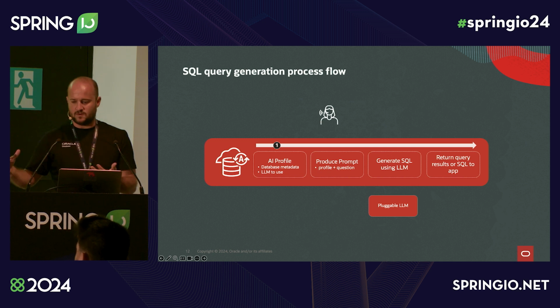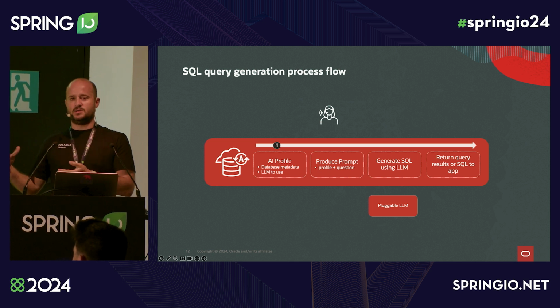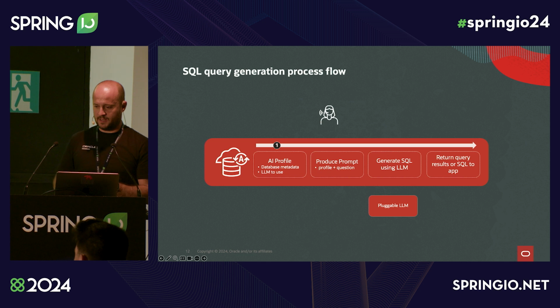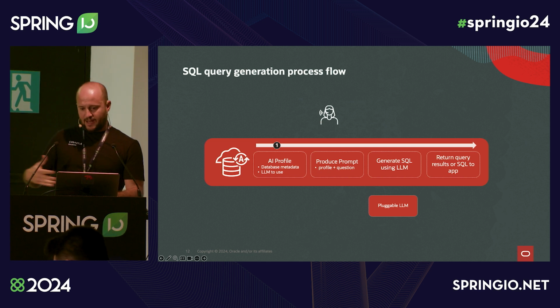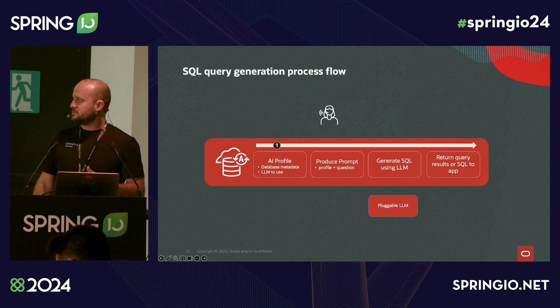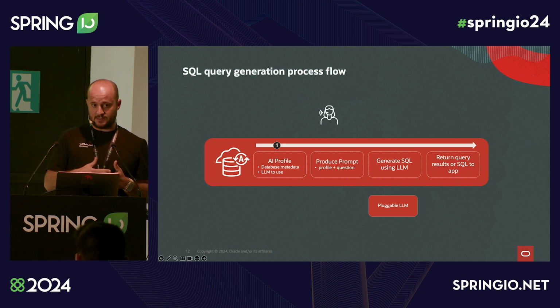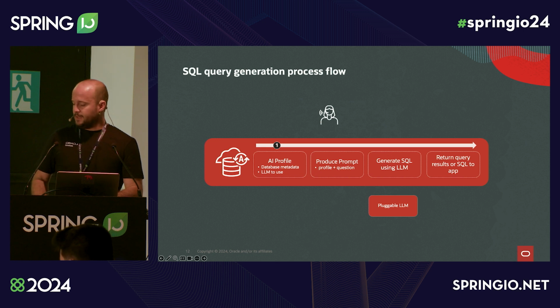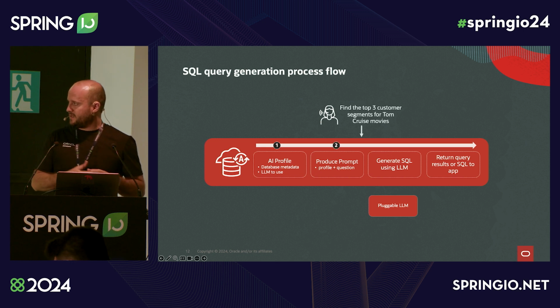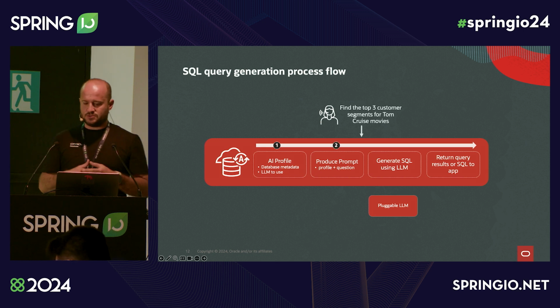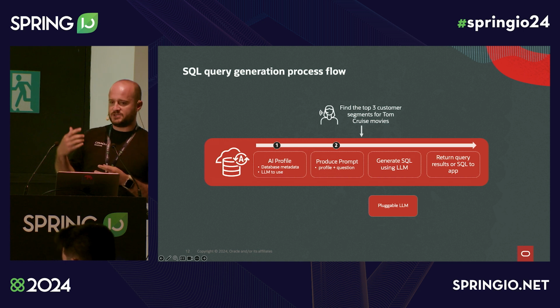Now, for the flow of how to generate a SQL query from natural language text, you have to do the AI profile selection, that is basically selecting that LLM that we mentioned, and then the schema, the database metadata. The next step, with that metadata and that LLM selection, you have the profile, and then you add the question from the customer.